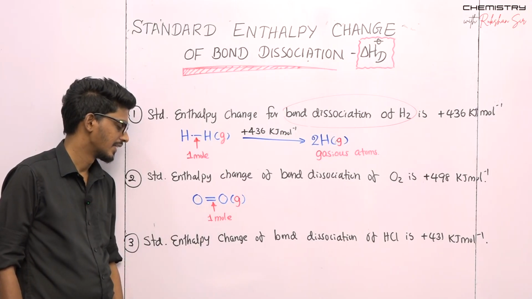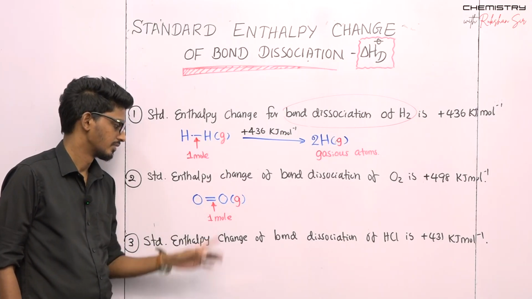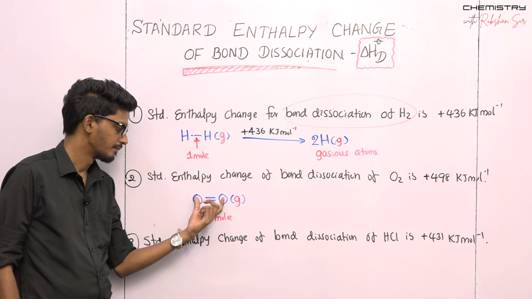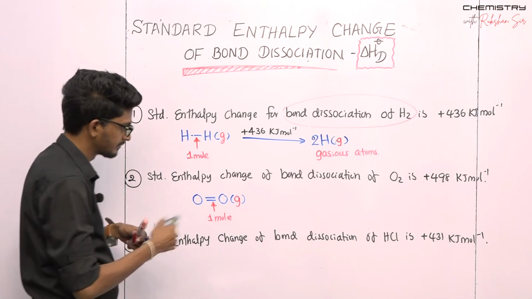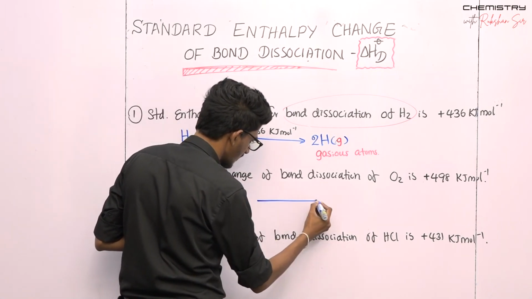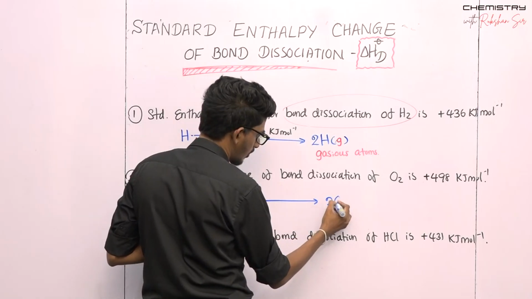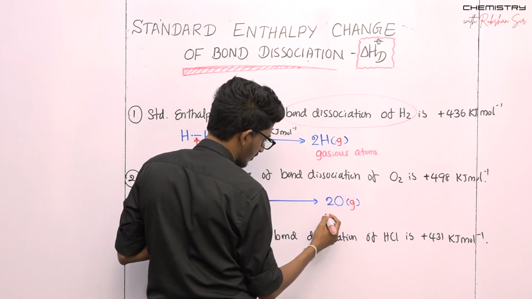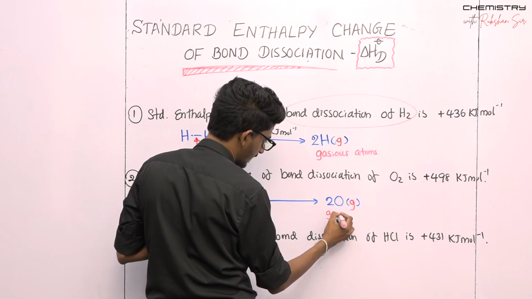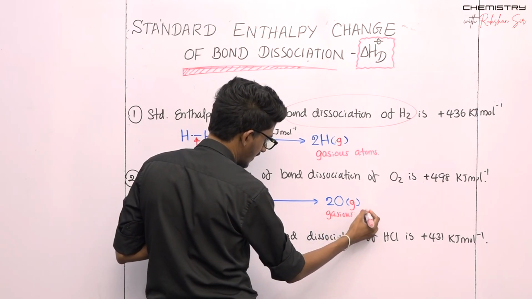That is how we look at it. When producing gaseous atoms, this is considered 1 mole of double bonds. If you break that, you will produce 2 oxygen gaseous atoms. So gaseous atoms should be formed. This is the definition.